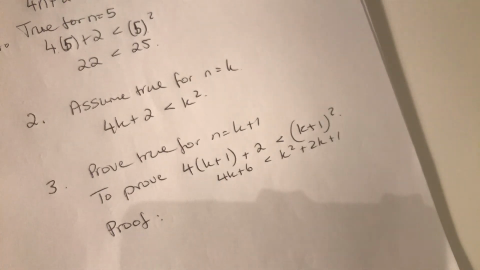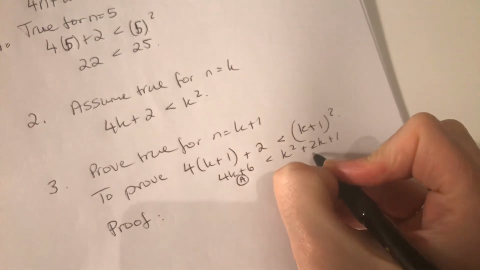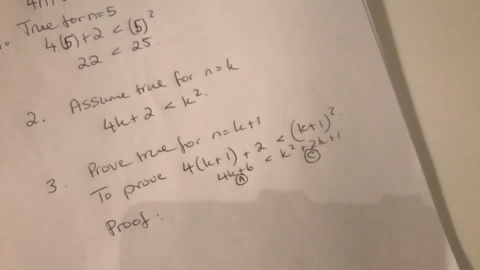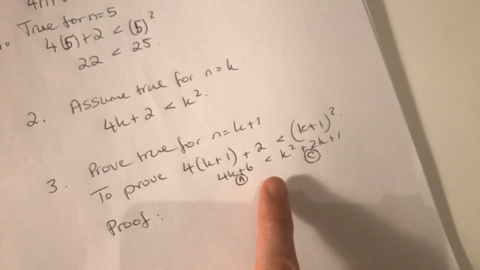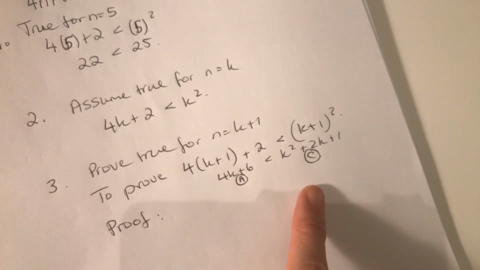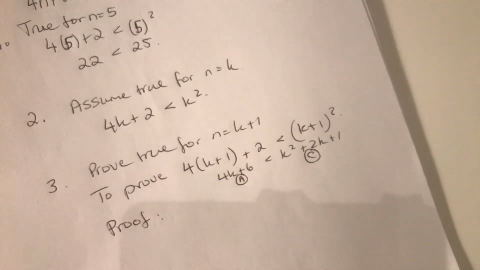So I'm going to go with, maybe I'll call this A and this C. And I'm going to use A. I'm going to try and show that it's less than something, B, whatever B is. And then I'm going to try and show that B is less than C. And then by default, A will be less than C.